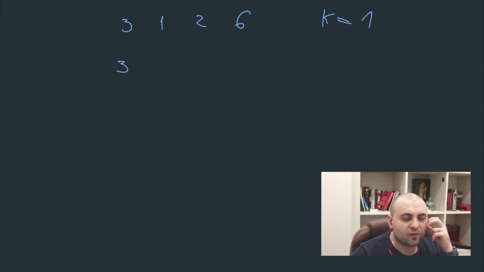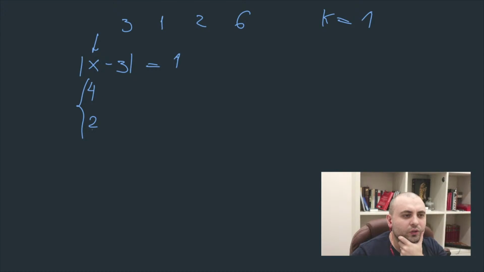So we get 3. The absolute difference, or we can tell x minus 3 should be equal 1. So here we can have two possibilities. Either 4 or 2 for x. So x in our case will be 4 and 2.